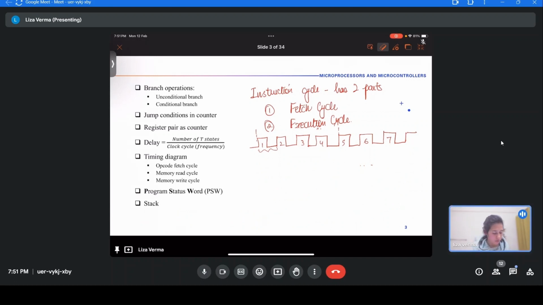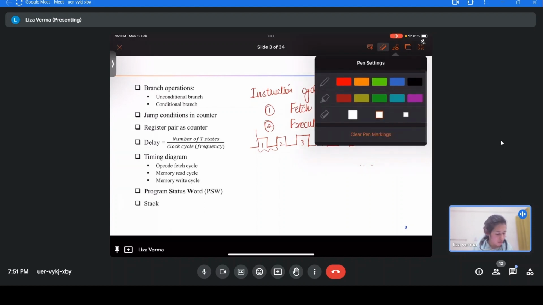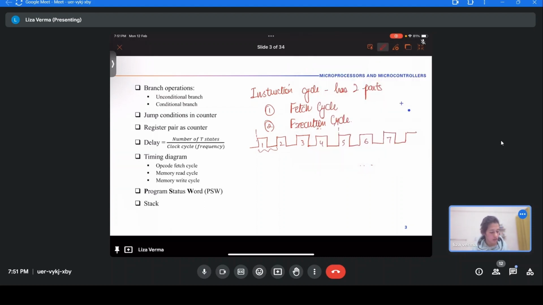So this was the opcode fetch cycle. After this, whatever operation needs to be done will be happening during these cycles: 5, 6, 7, memory write, memory read. All the examples were covered by Sir.